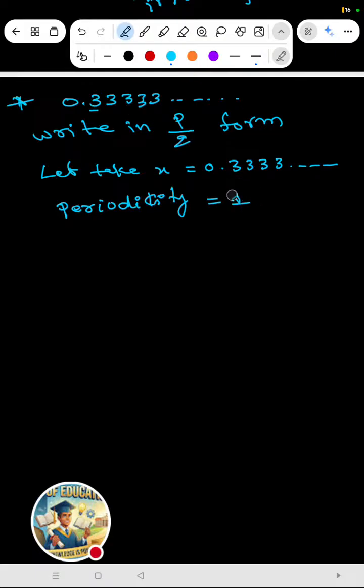If the periodicity is 1, we have to multiply this equation on both sides by 10. So 10x is equal to 3.3333 likewise. Now x is equal to 0.3333 and it continues.